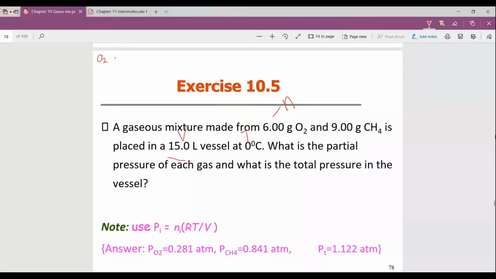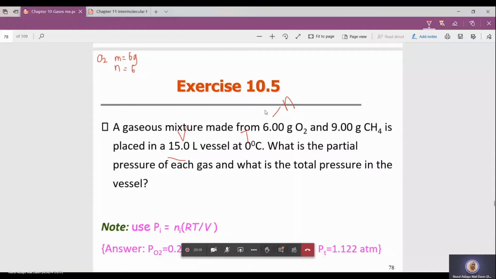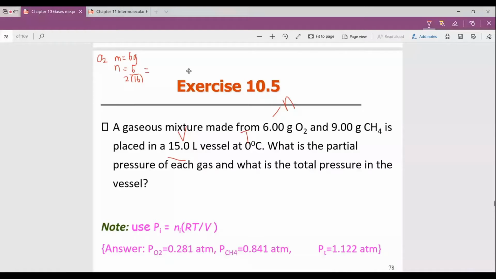For O2, the given mass is 6 gram, and we find the number of mole: 6 divided by 2 times 16, oxygen 16, 2 atoms of O, and we get number of mole 0.1875. Volume is given as 15 liter and temperature 0 degrees Celsius.